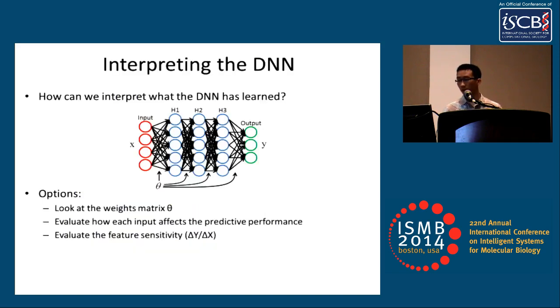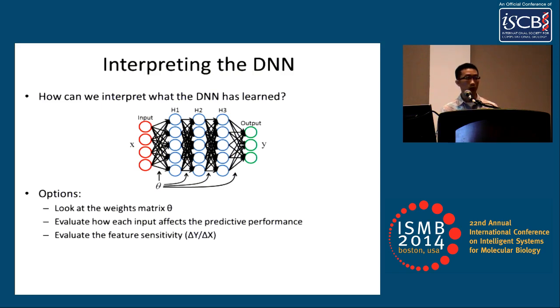So the final part of the presentation is, these neural networks are often criticized as being black boxes. Can we actually interpret the neural network? There are some options. You can look at the weights, but that's sometimes not very useful, especially when you have data that's not very structured. For images, you can look at the first layer weights, and you can see some strokes, some patterns. But for this, it's not so good.